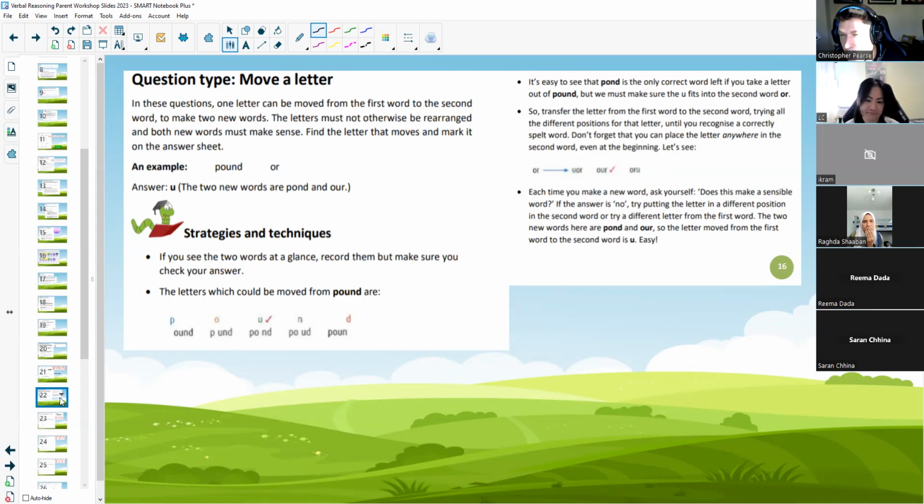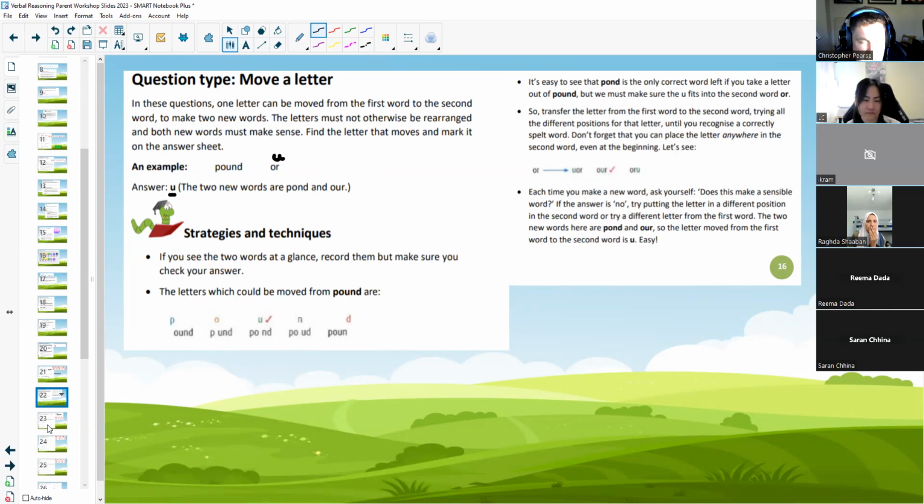So it's very important the letter that they transfer over makes 2 new words. And the example, and this is the same example that GL use in their exams, is pound and or. And of course, if you take the U from pound, it goes between O and R for hour. So the answer would be U.